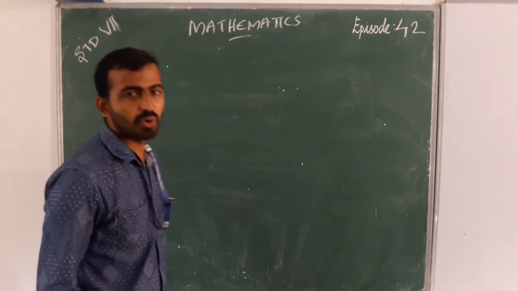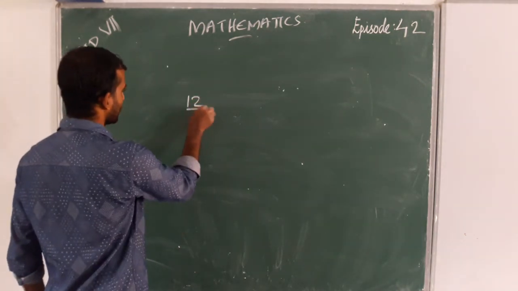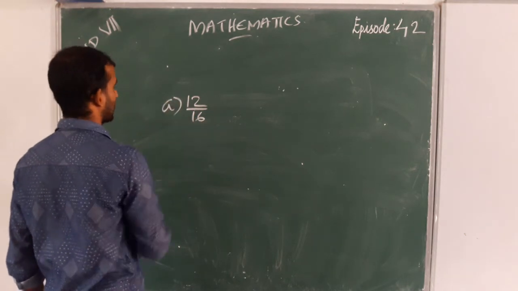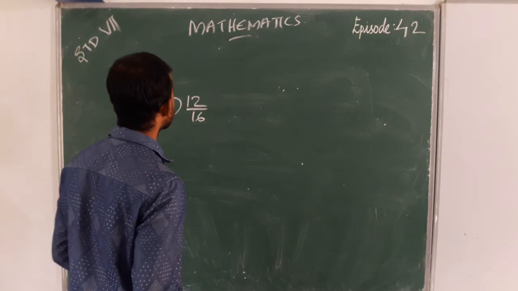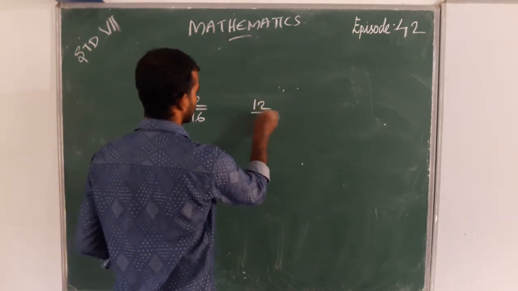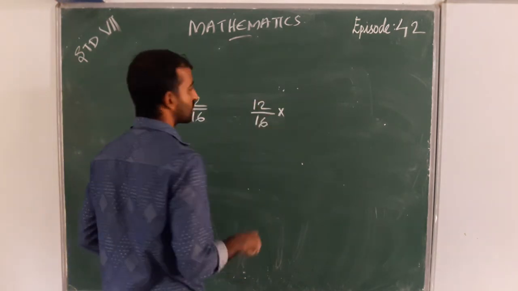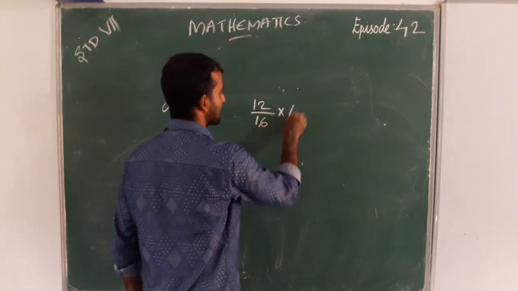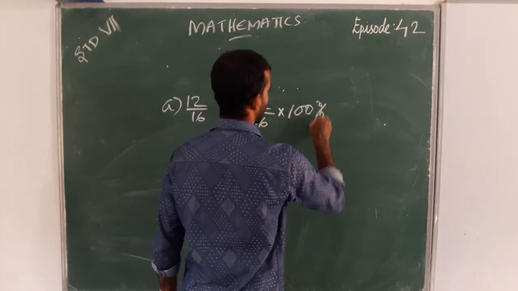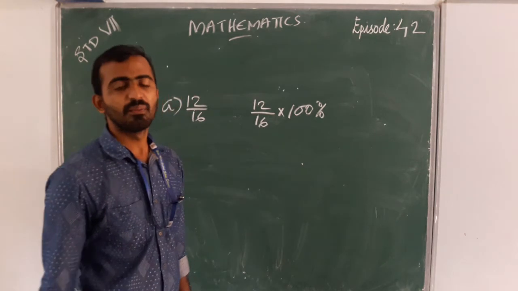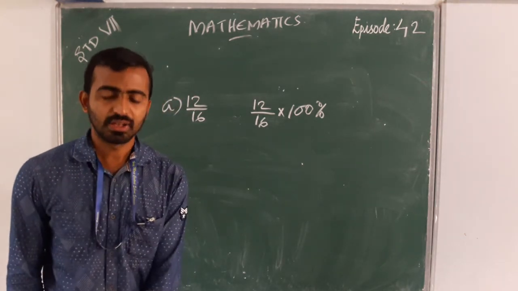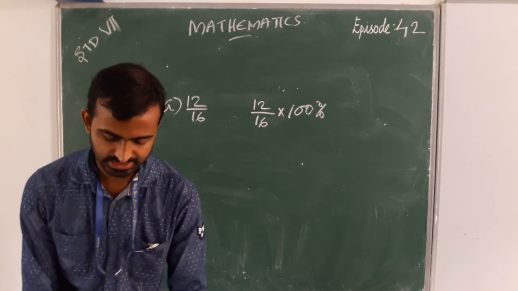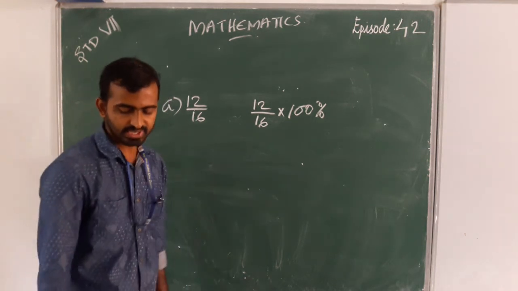That is 12 by 16 into 100%. What do we get when we simplify? You can simplify the fraction.